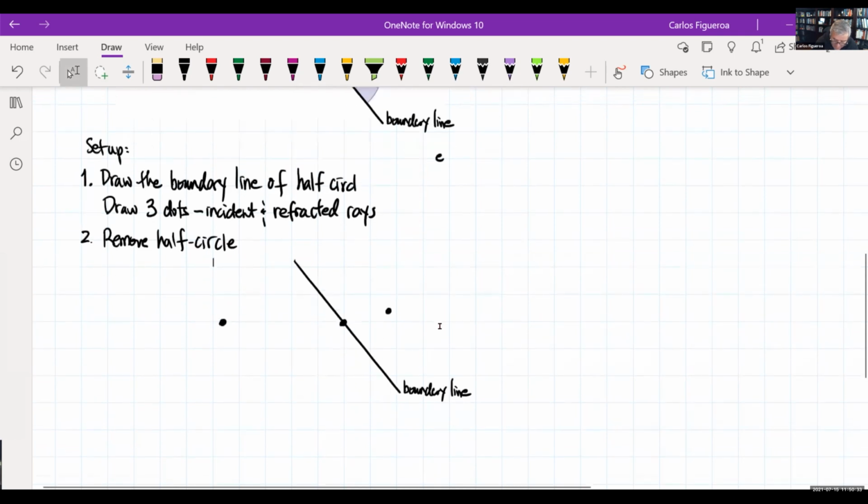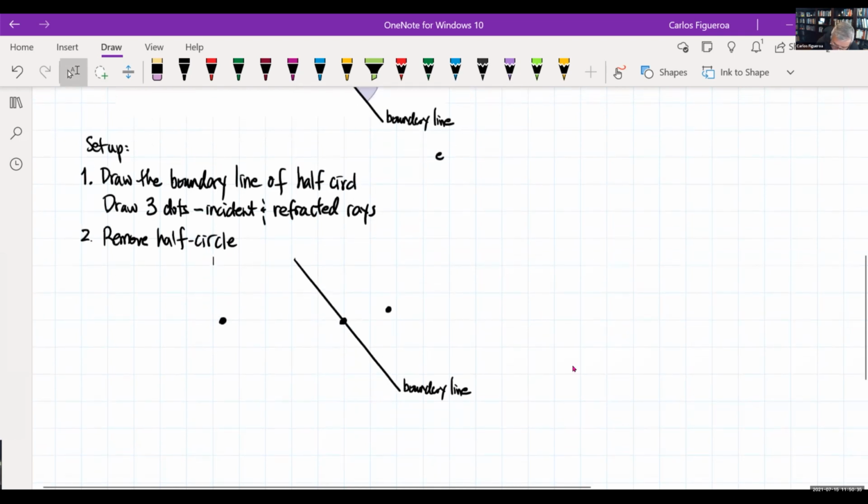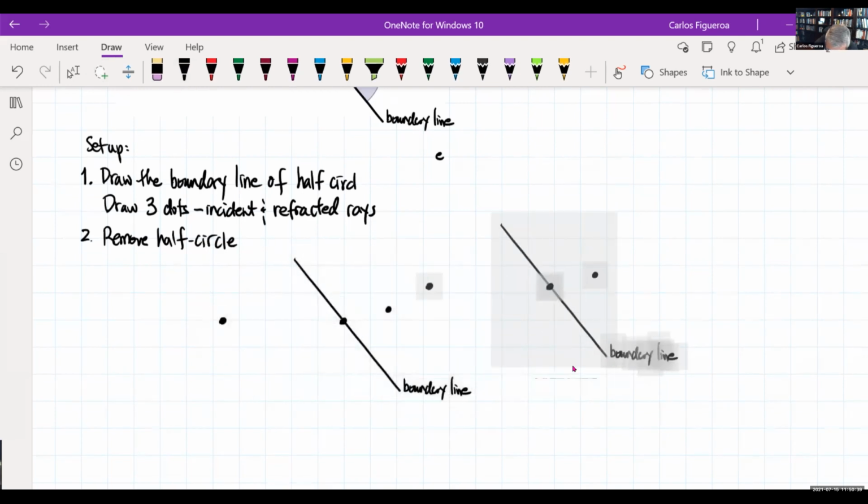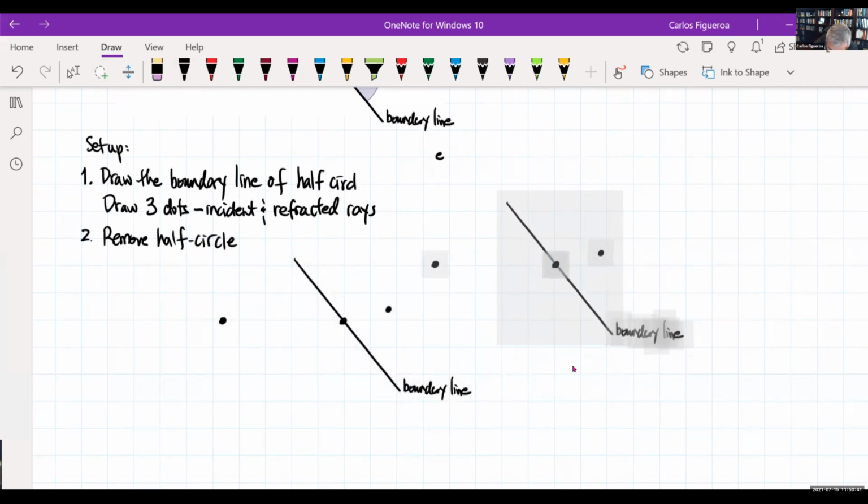Let me see if I can move this over here so that I have more space. So this is what's going to be left on your paper here. So now take your line and your protractor, and I want to extend the rays now. So this is my laser line.